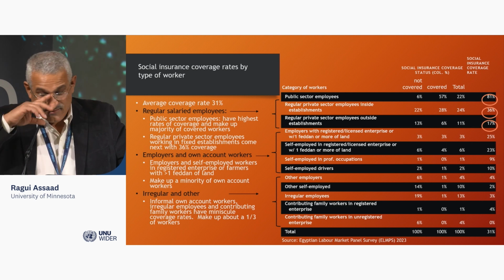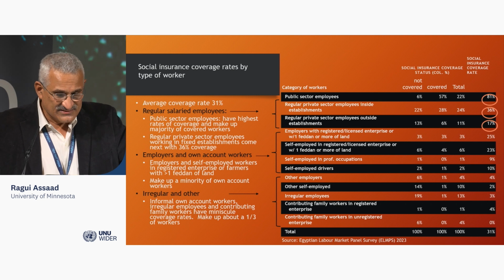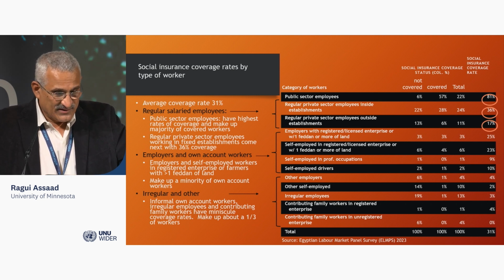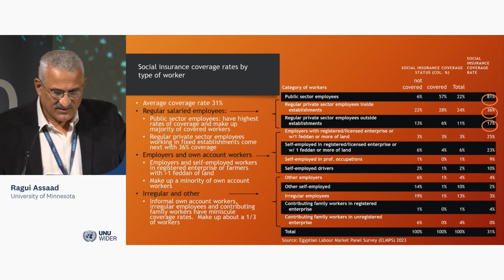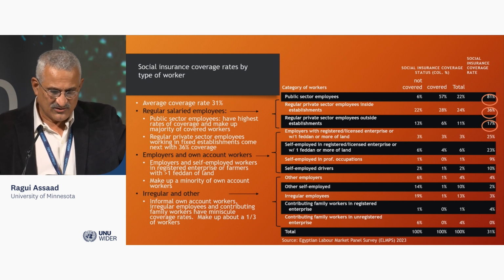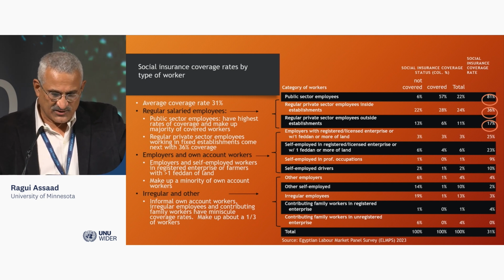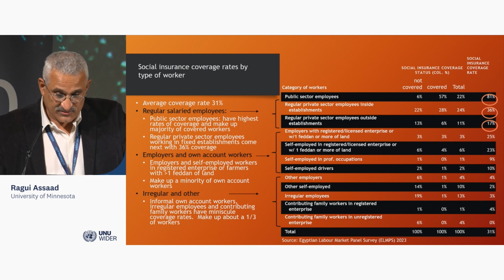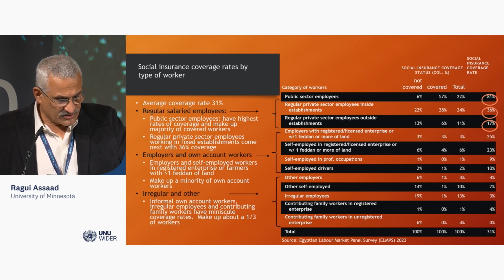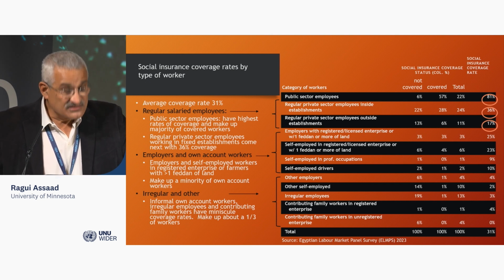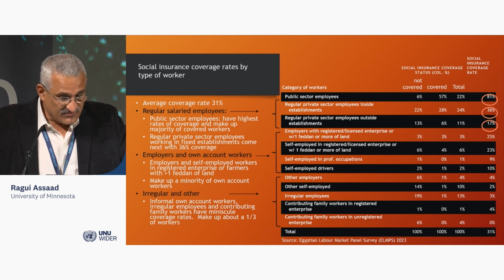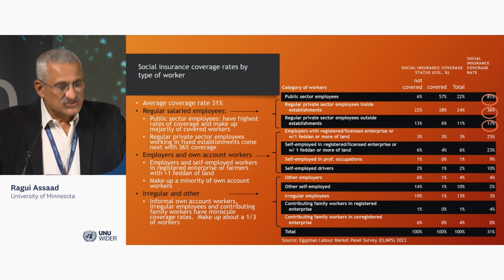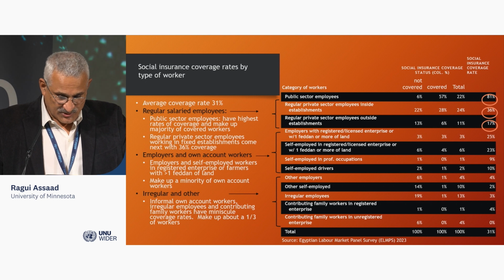So being in the formal economy is really critical if you want to be covered at all, but even those in the formal economy, or at least who have a registered enterprise, are only covered at about a quarter of the workers. Now, irregular workers, as you can see, have a coverage rate of 3%, which is almost negligible. And then contributing family workers also have very low coverage rates, even if they are working in registered enterprises.